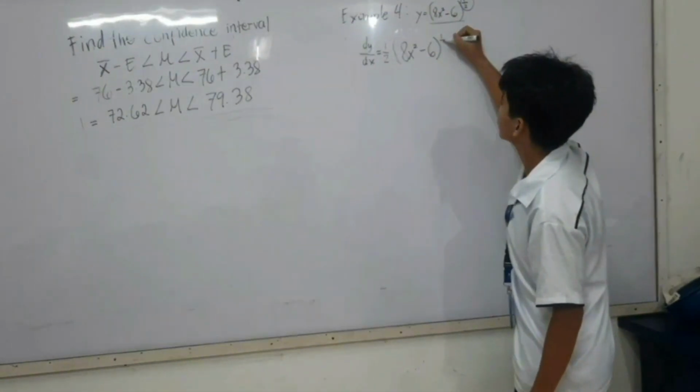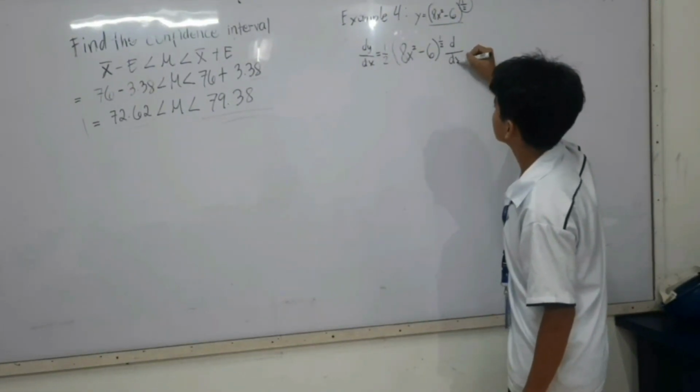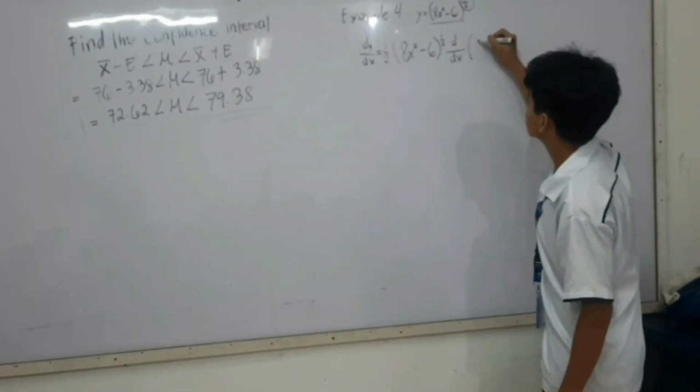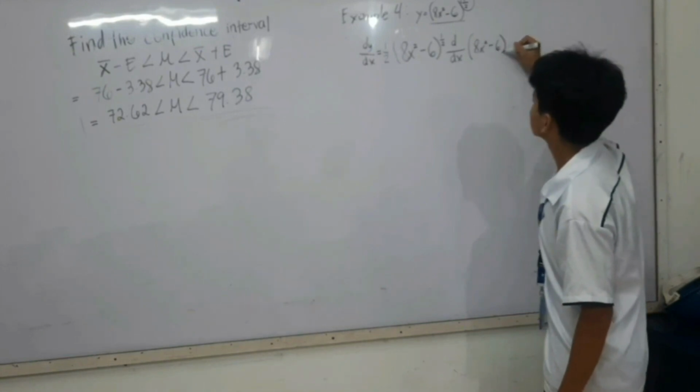So 1 over 2, and we'll also copy this one, 8x squared minus 6.